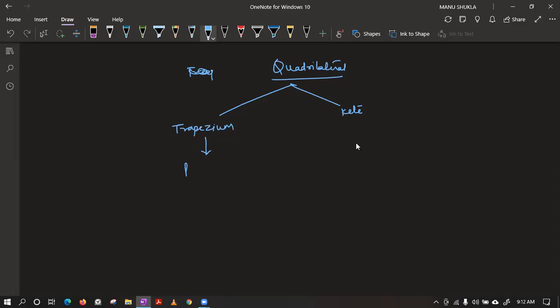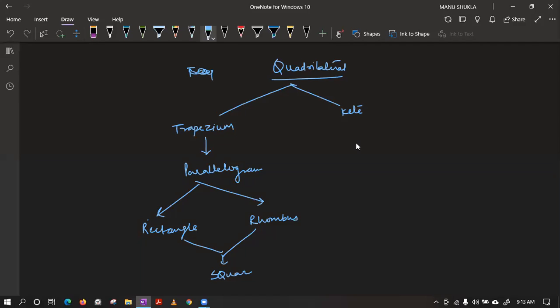Under trapezium we have parallelogram. Under parallelogram we have rectangle and rhombus, and these two finally give us square. This is the family tree.